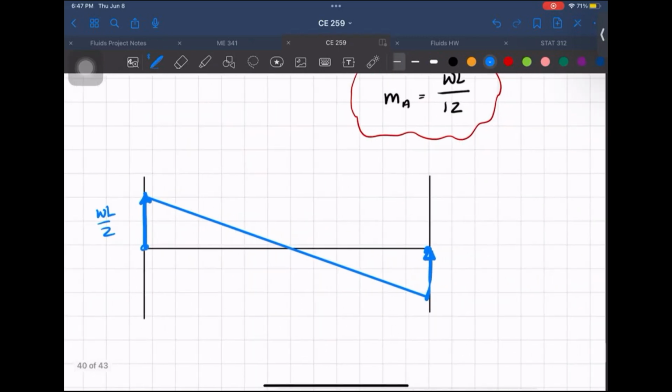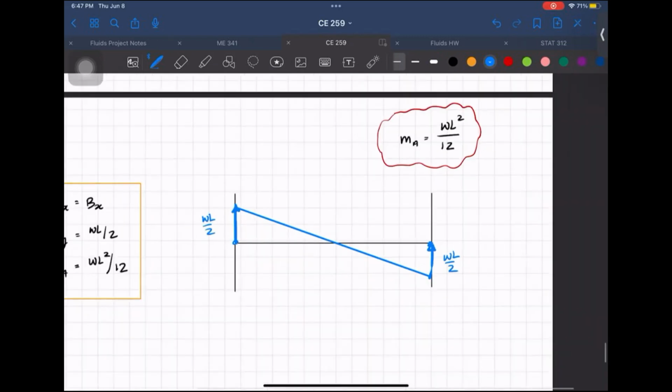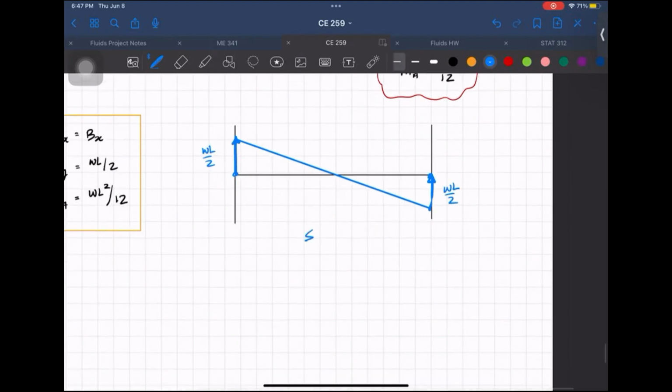And then because it's a distributed load at the top, the shear would look like a triangle. And then it will jump back up with the magnitude of WL over 2. So that's your shear. It's very quick, very conceptual.